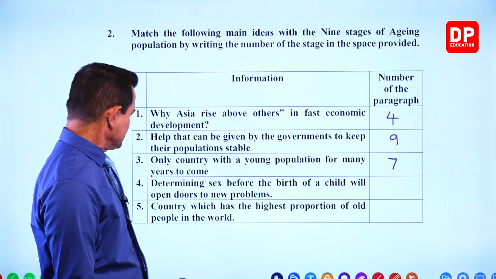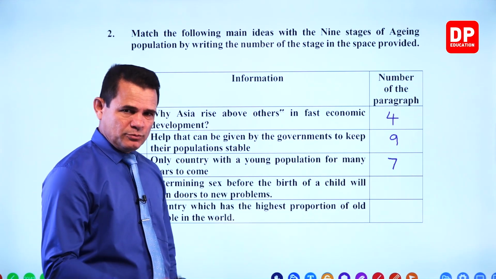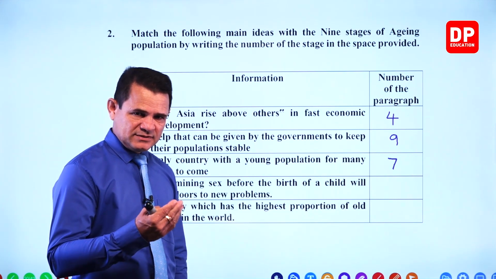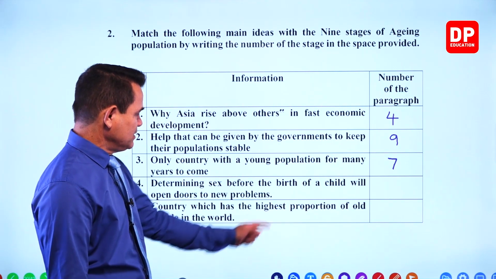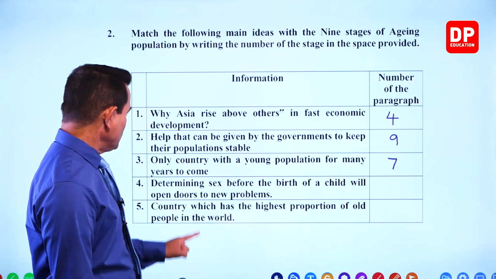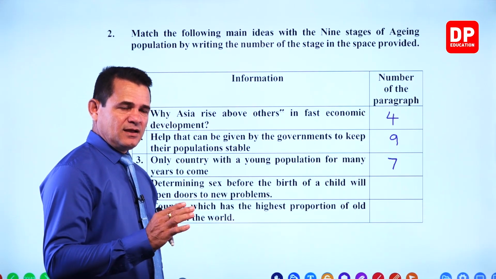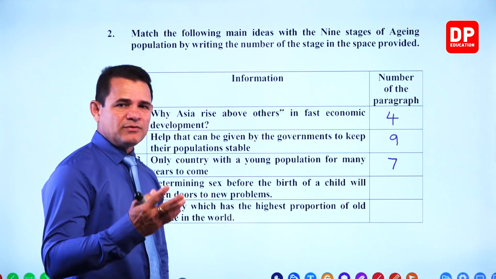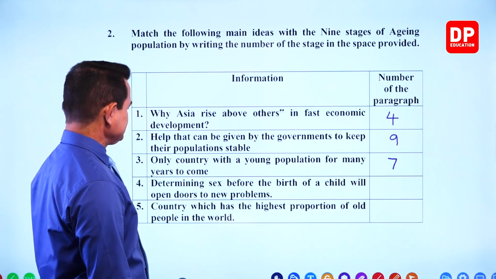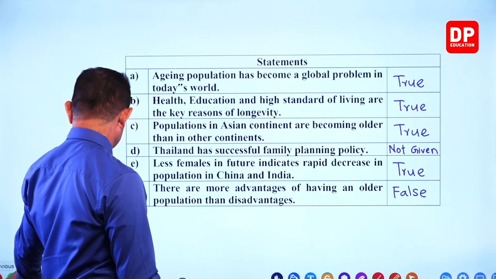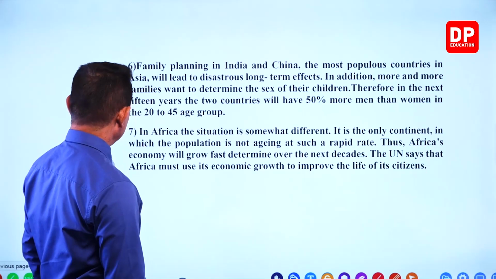Next one. Determining sex before the birth of a child will open doors to new problems. Which paragraph talks about this? Let's see.